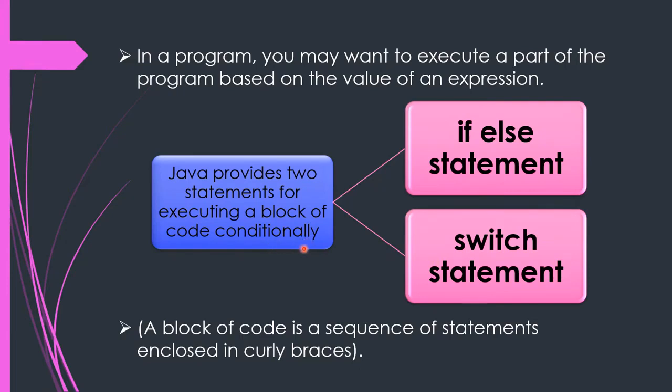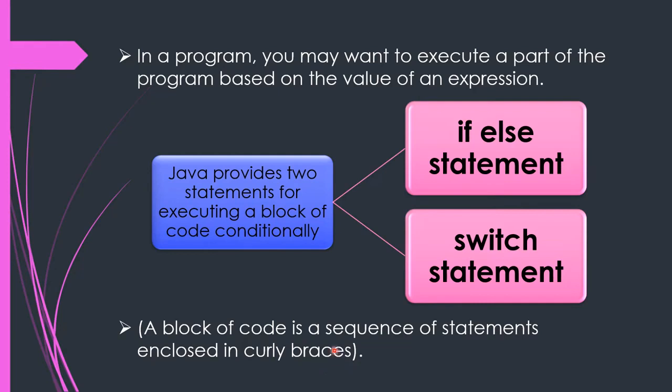What is a block of code? It is a sequence of statements enclosed in curly braces. We will be studying this block of code in these statements. We write the statements in a particular sequence and we enclose them in curly braces.